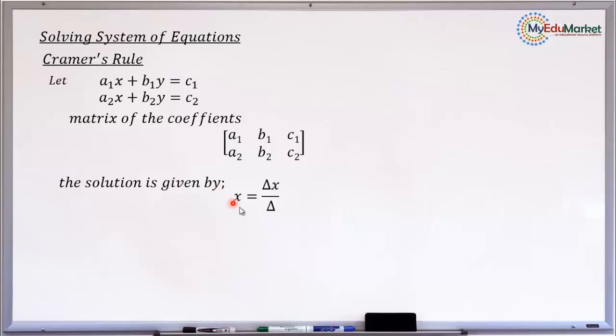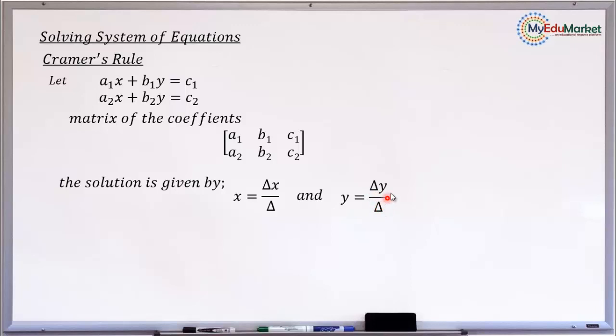The value of x is equal to determinant x divided by this determinant, that is del x over delta. Del x is simply the determinant of a particular matrix, and delta is also the determinant of another matrix, which we shall see. The value of y is given by del y divided by delta.